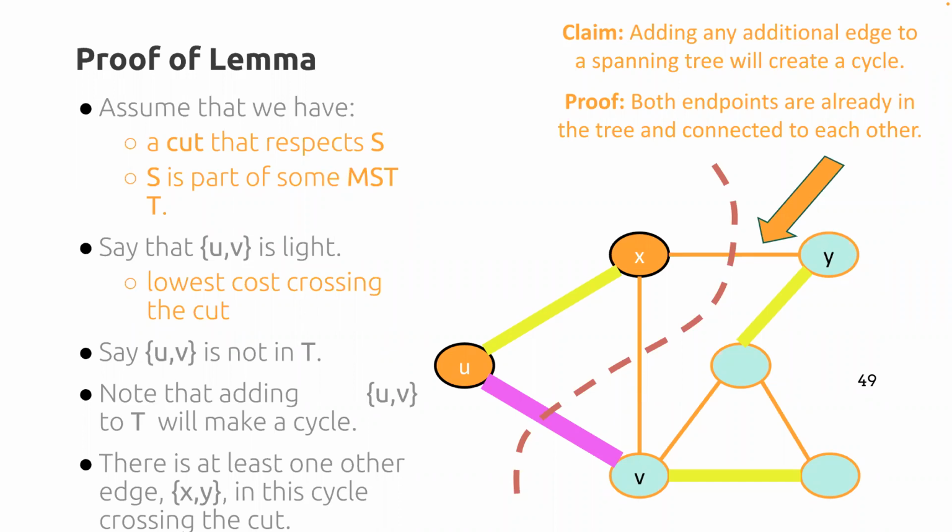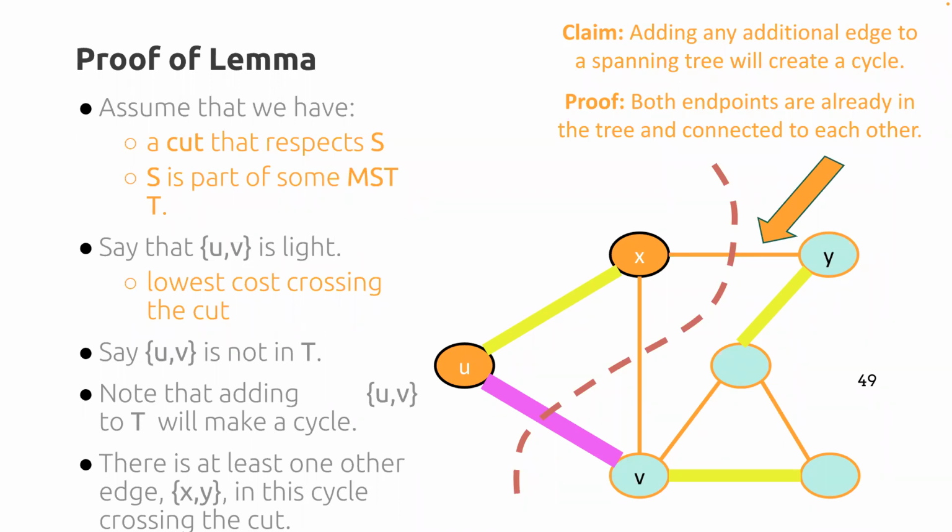And my greedy algorithm wants to take it. We want to take that edge, but it is not in the MST that we were thinking about at the beginning. However, a minimal spanning tree has to connect all of the nodes. So there is some other edge in the minimal spanning tree that crosses the cut. Otherwise, the nodes wouldn't be connected, right? So there is some other edge, not this one, that crosses the cut, okay?